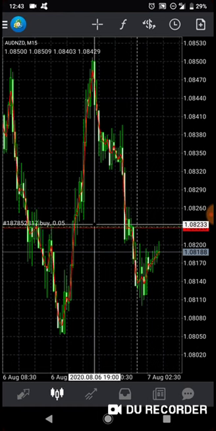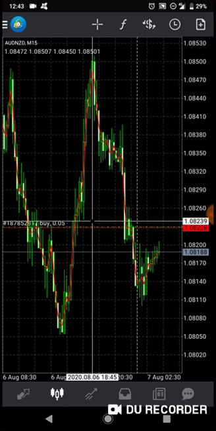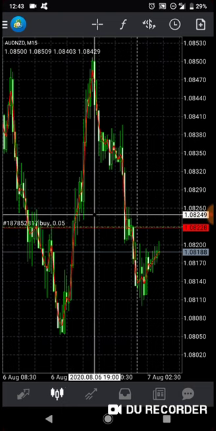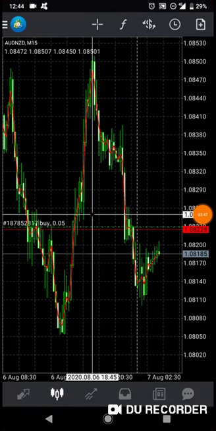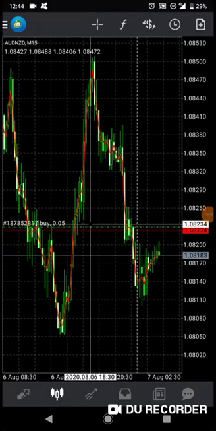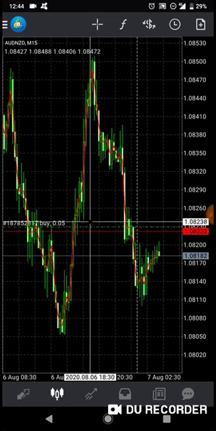It's not very significant, depending on the lot size that you use, though. It might not be very significant, but it might be a little bit painful. So I just move it slightly into profit.